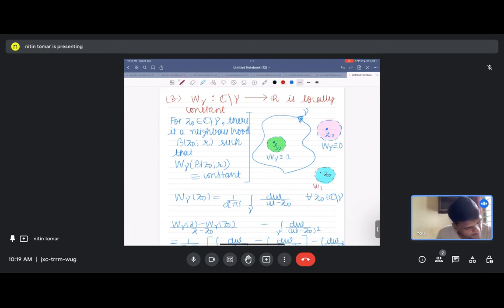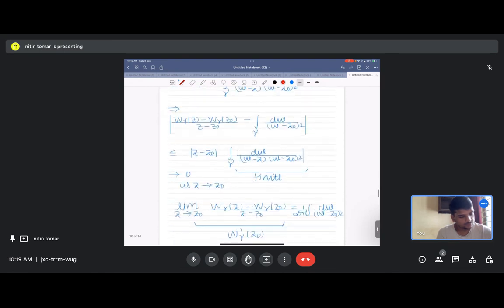Similarly, if you take any point, say xi, you can have a neighborhood, and in this neighborhood the winding number is 1, and you can do this for any point. So the winding number is locally constant, but it is not a constant function.